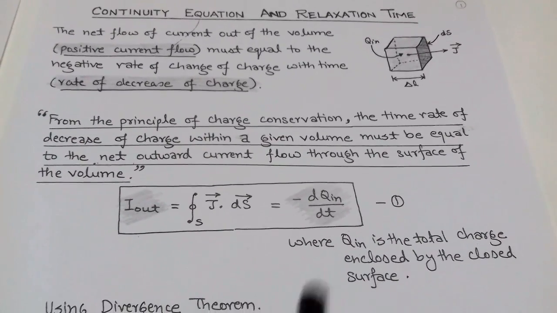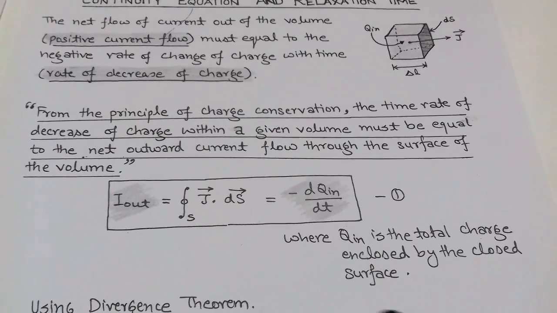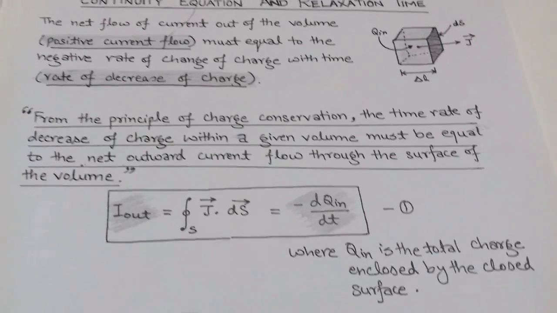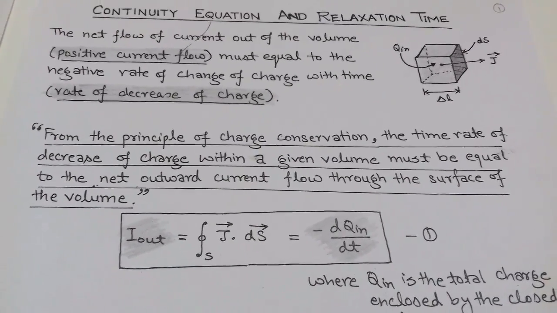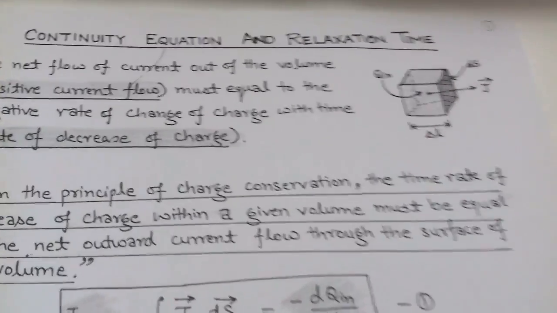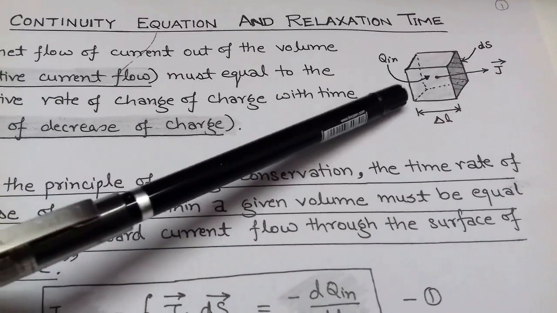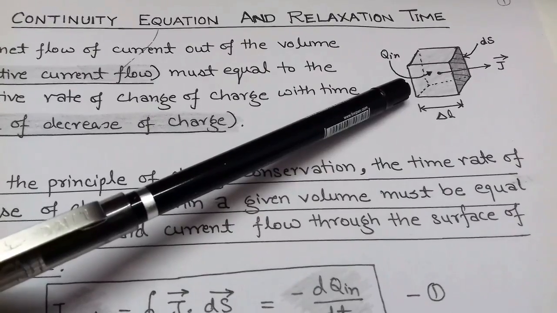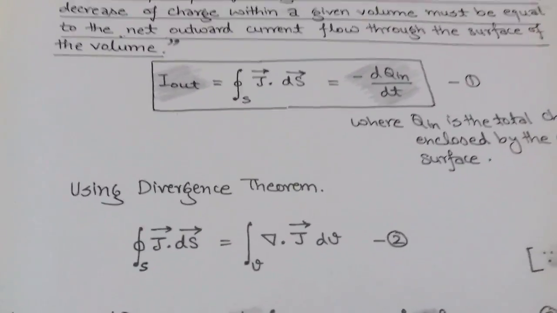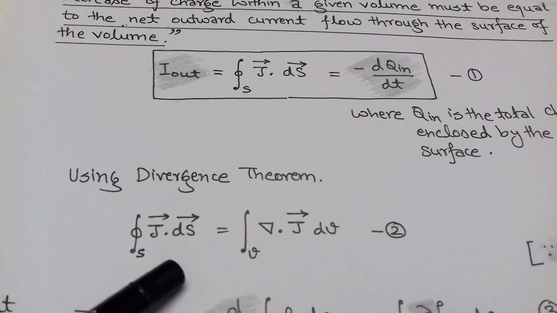Here Q in is the total charge enclosed by the closed surface. Since this is a closed surface, it defines some volume. So here we use the divergence theorem.